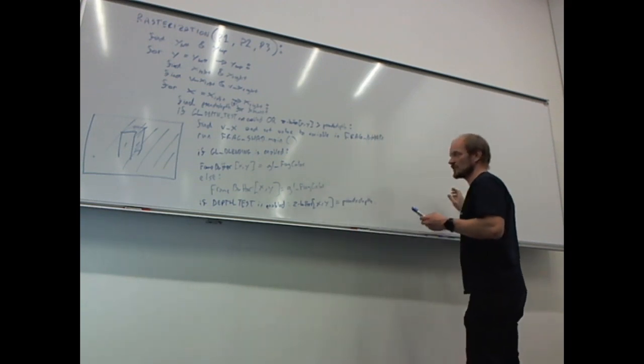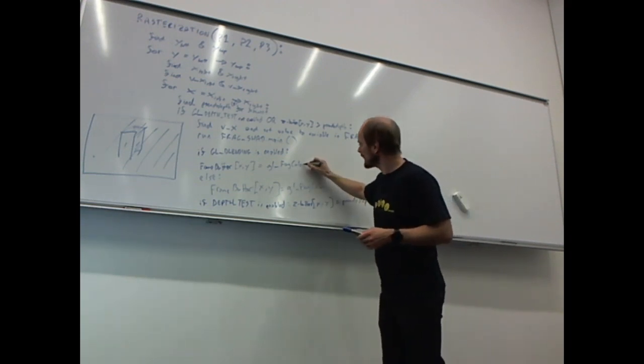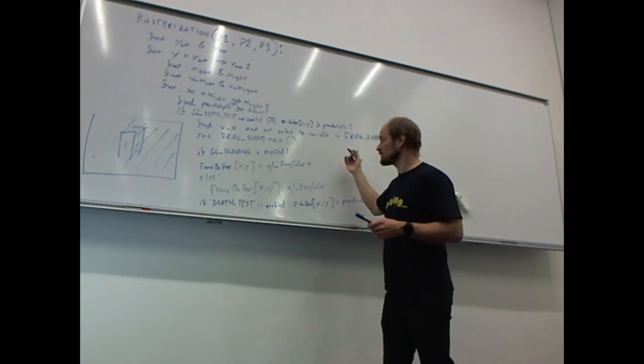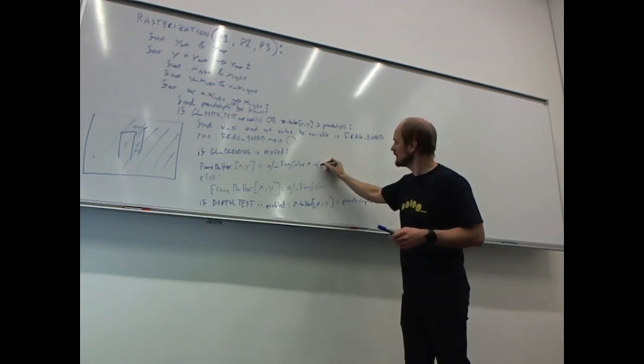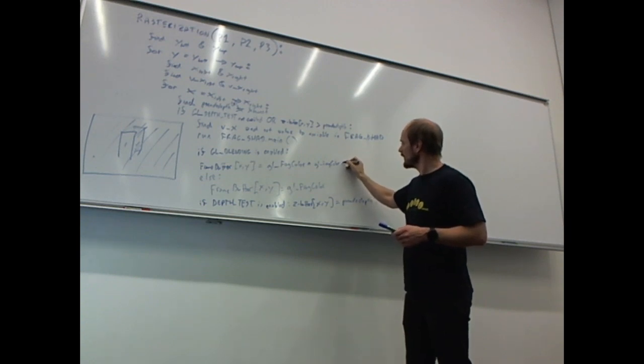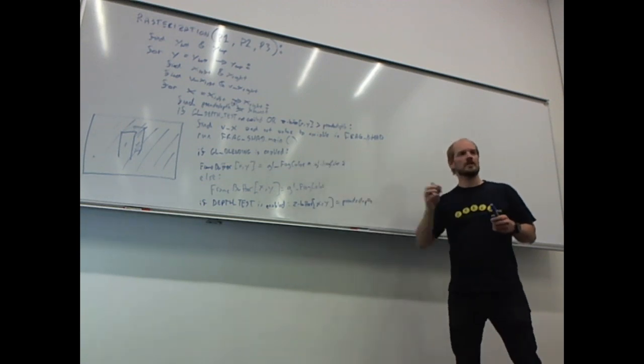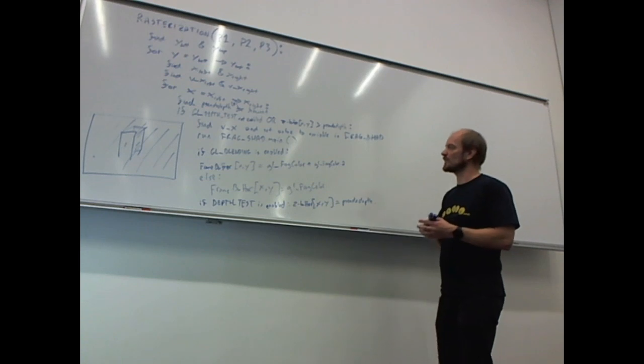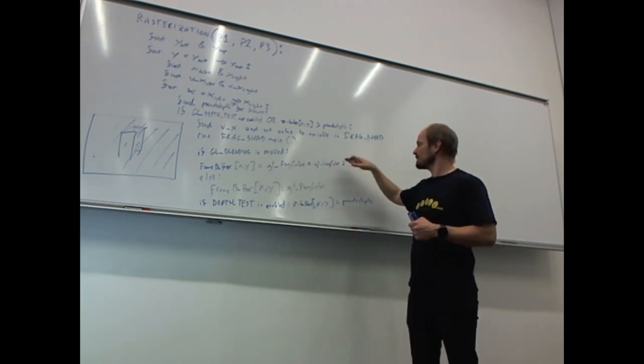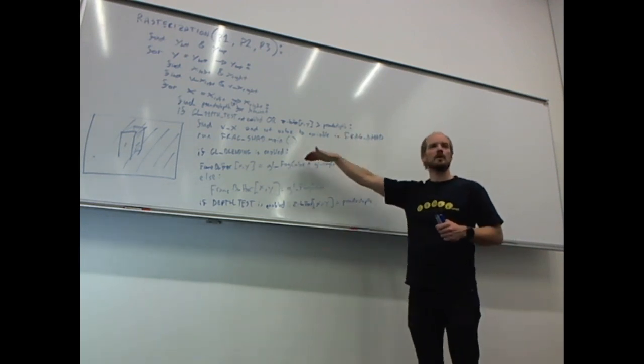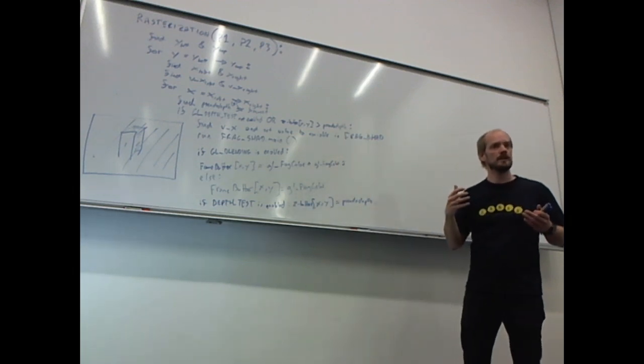So now I can change this: my GL frag color times, instead of 0.5, I'm going to say times GL frag color dot A. So the red, green, and blue values of GL frag color will all be multiplied with the alpha value of GL frag color, all right?